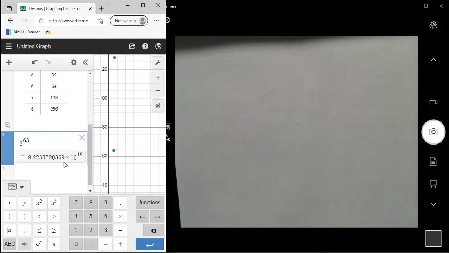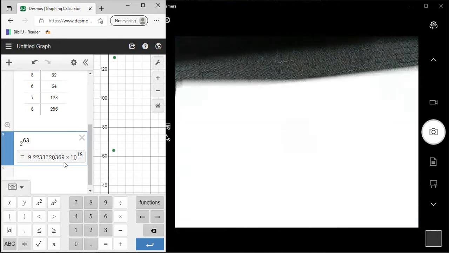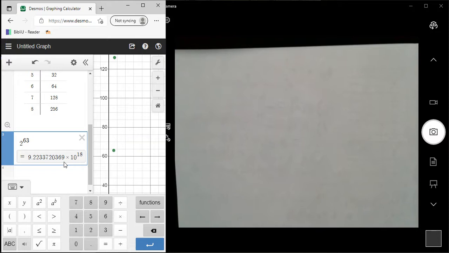For the exponential sets, determine the growth factor. Okay, so first of all, we have to determine whether this is exponential or linear. Now, you have a couple tools at your disposal. You do have your calculator, or you could do it by hand.